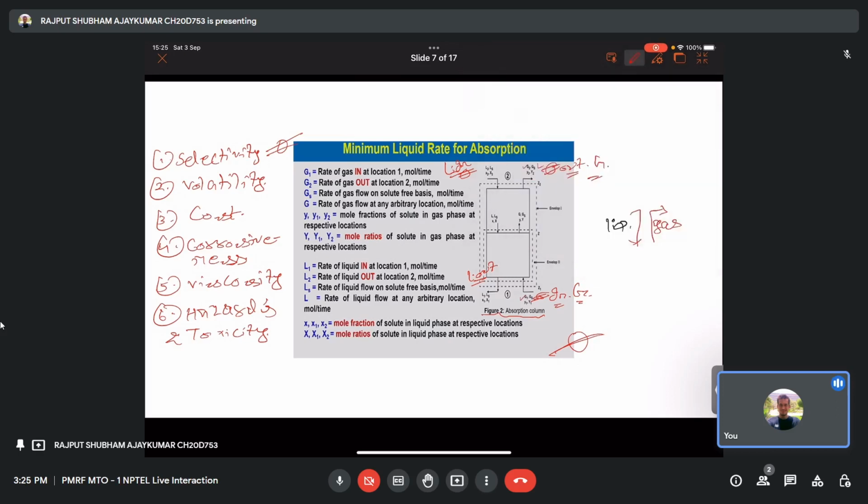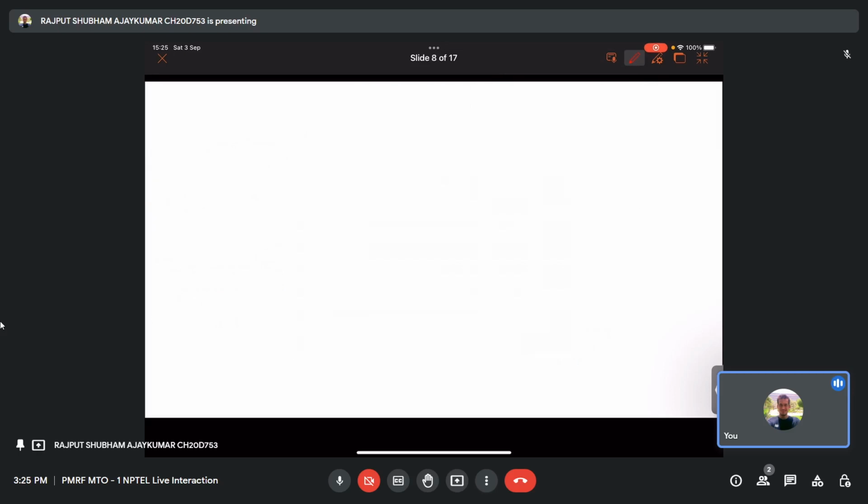So all of this is mentioned as G1, G2, and GS has been mentioned in the equations that you already derived. If you carry out the overall material balance, it is given as GS (Y1 minus Y2) equals LS (X1 minus X2).